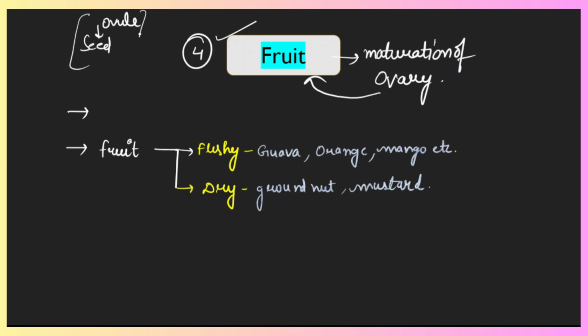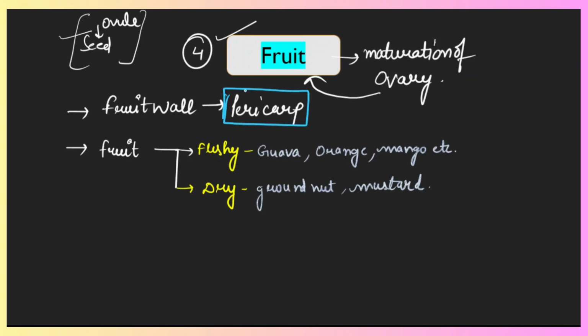In the seed we discussed the different layers like testa, tegmen, and perisperm. The fruit wall is called the pericarp. This is very important.